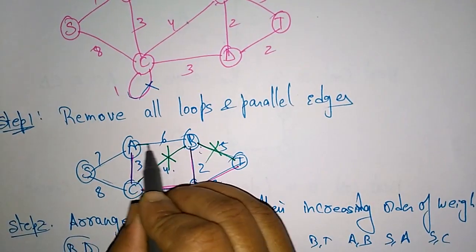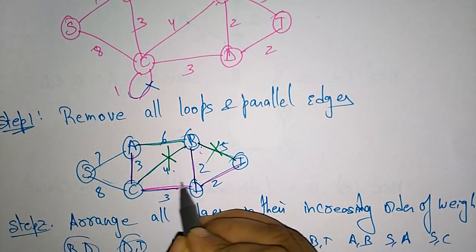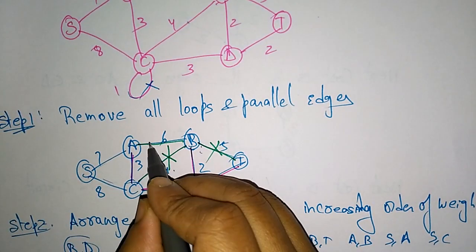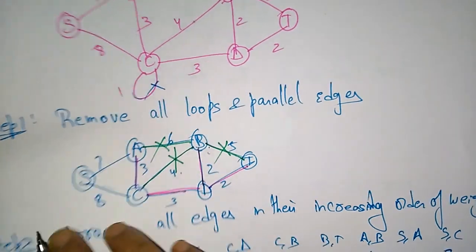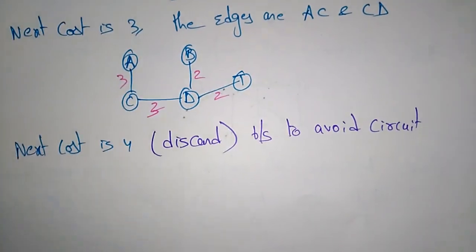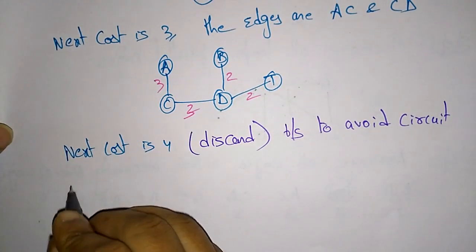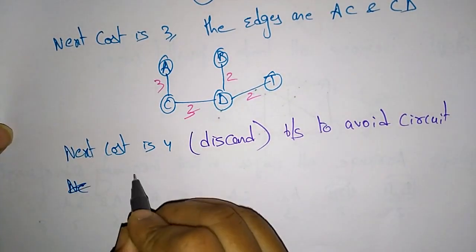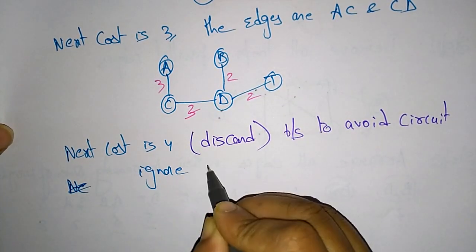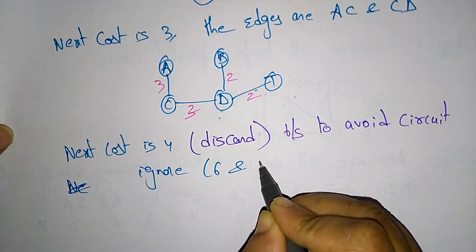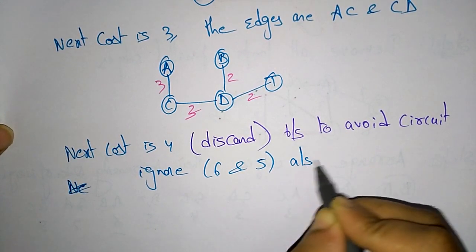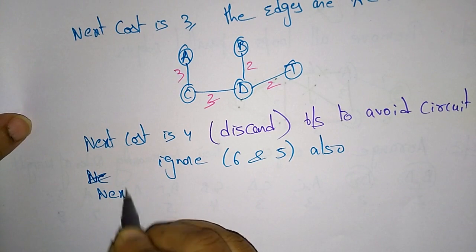So if I select 6, this becomes a closed circuit. So ignore this 6 also. So next edge you have to select, we have to ignore 6 and 5 also.